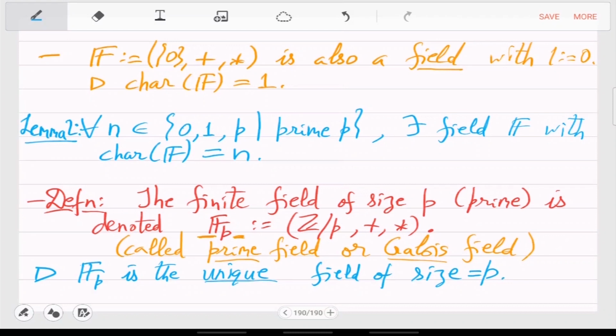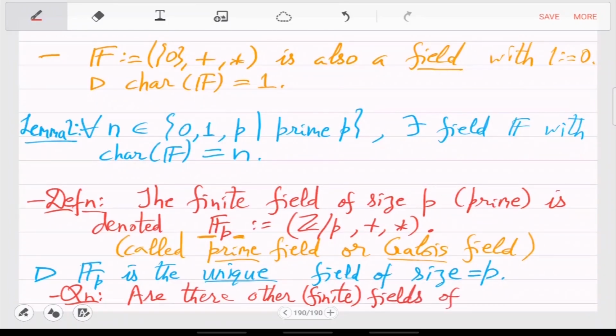And the next question is, okay, size is settled. What about characteristic? Are there other fields of characteristic p? That we will settle in the next classes. Are there other finite or otherwise finite fields of characteristic p?